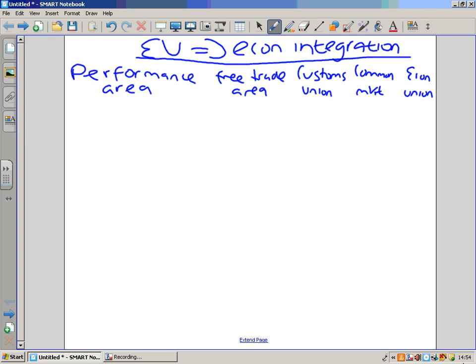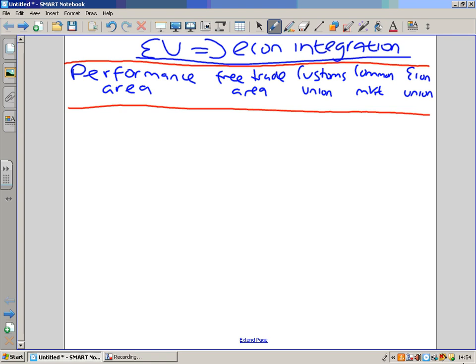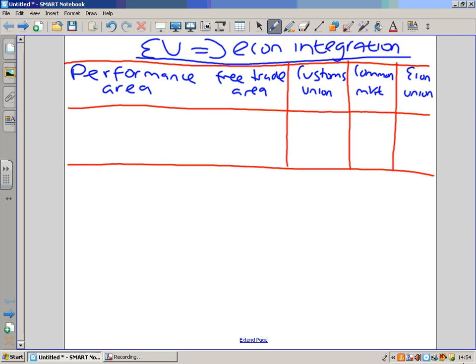As we go from left to right, the level of economic integration is starting to increase. And what we'll do to illustrate these, we'll use an example. So we'll build up this table as we go through the examples.